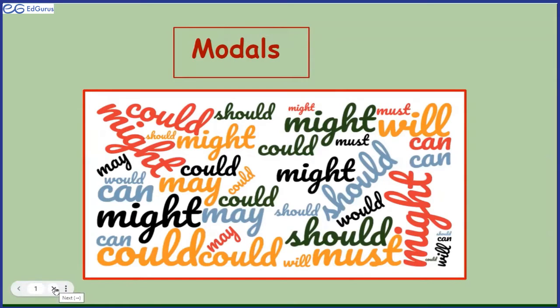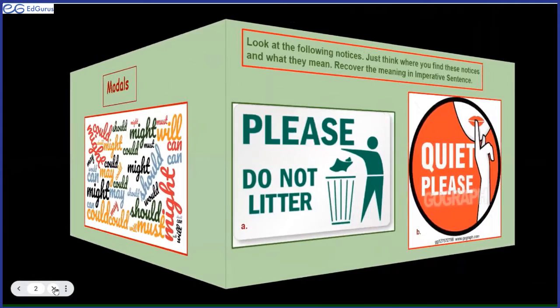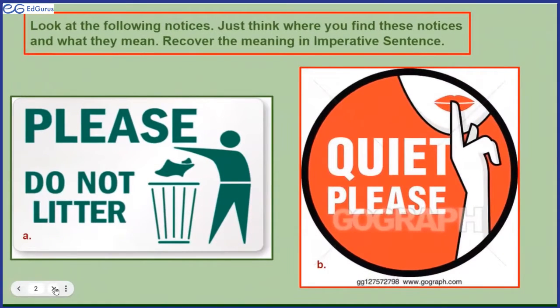Just for a second, browse at this cloud, so that all these modals or the auxiliary verbs could be refreshed in your mind, right? Might, can, could, will, would, should, may, etc., etc. Right?